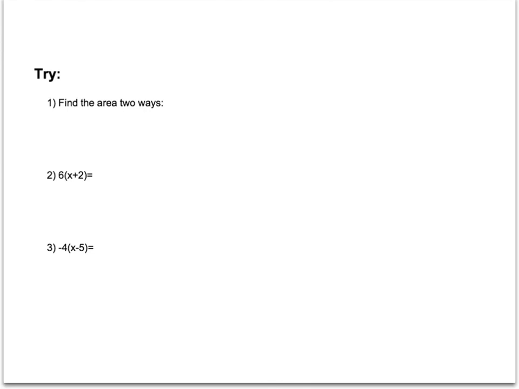I've got some examples for you to try. I want you to give these a shot when you come into class tomorrow. I want you to find the area 2 ways for this rectangle. So the first one, I'm going to have this be 6. This little piece right here will be 1, and I won't know what this is.